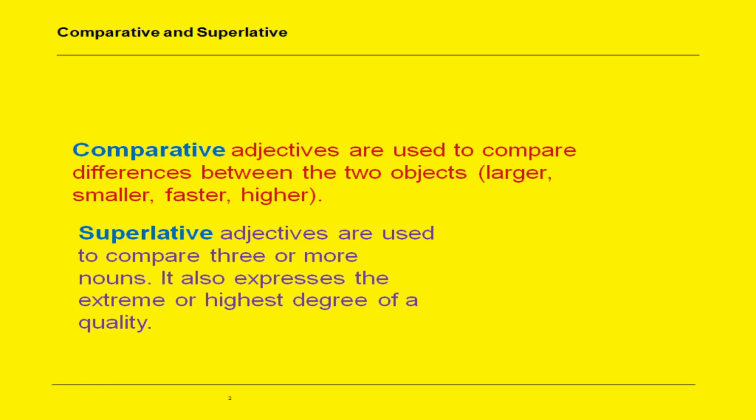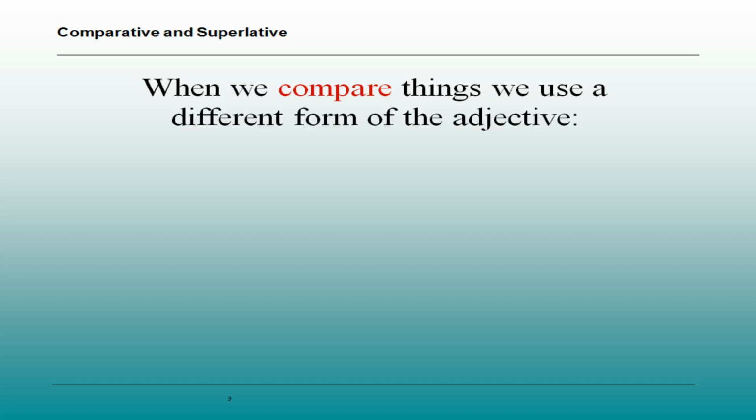Then the superlative form. These are the adjectives which are used to compare three or more nouns. It also expresses the extreme or highest degree of a quality. When we compare things, we use a different form of the adjective.